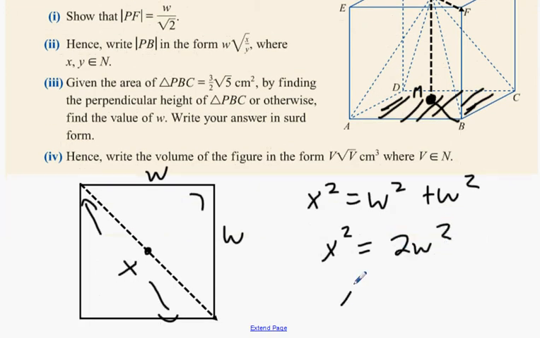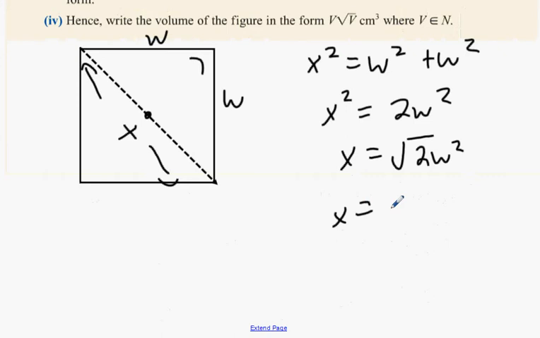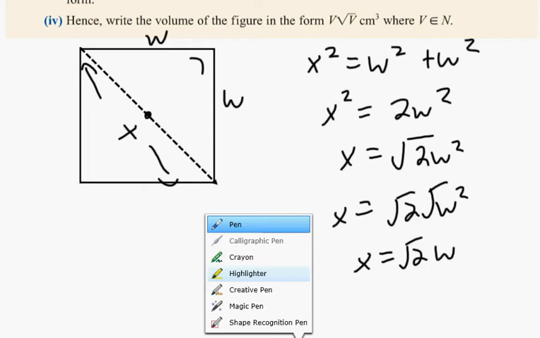And that means X equals the square root of 2W squared. If you know your rules of surds, that's root 2 by root W squared, which is root 2 W. Okay, next one. We don't want that, we only want half of it, don't we?